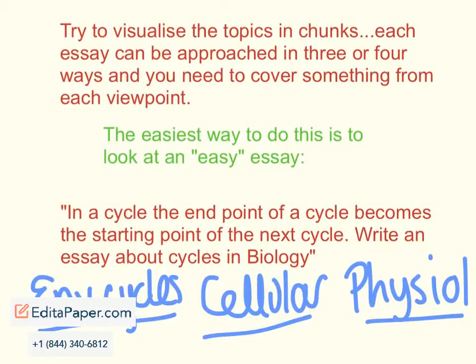So hopefully you can see that by talking about maybe 1 or 2 environmental cycles, 1 or 2 cellular cycles, 1 or 2 physiological cycles, you would have 6 different paragraphs, each covering different aspects. You wouldn't want to be talking about the Krebs cycle and the Calvin cycle and the cell cycle and any other cellular cycles that you could come up with. You wouldn't want to talk about all of them and miss out an environmental cycle, miss out a physiological cycle, because that's going to lose you one of your breadth of knowledge marks.